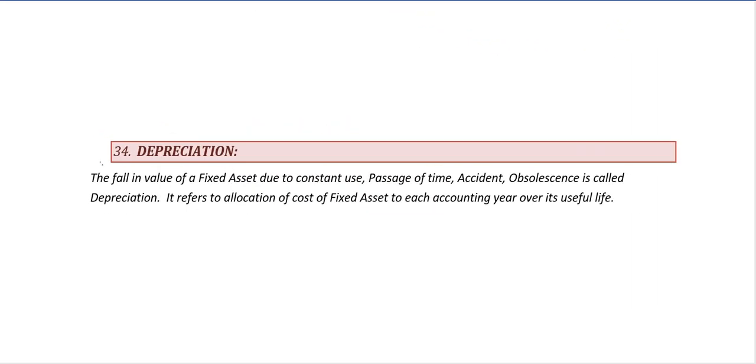34th term, depreciation. Depreciation is the fall in value of fixed asset. It could be because of constant use, passage of time, accident or technological obsolescence. So this is called depreciation.